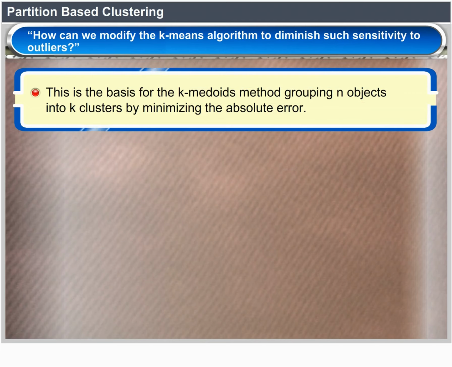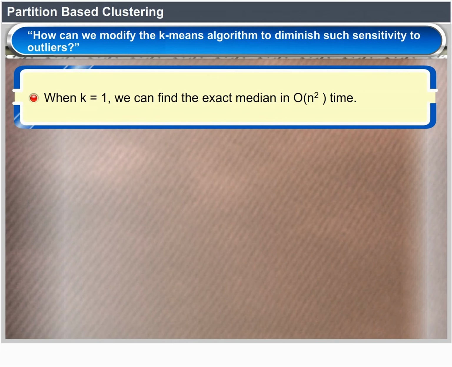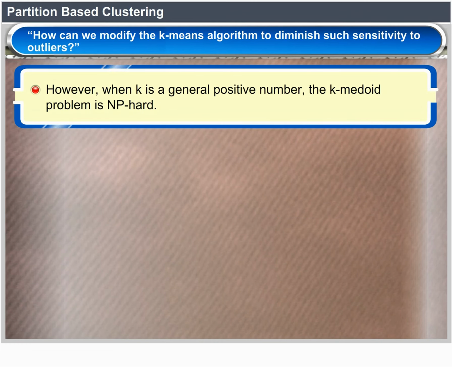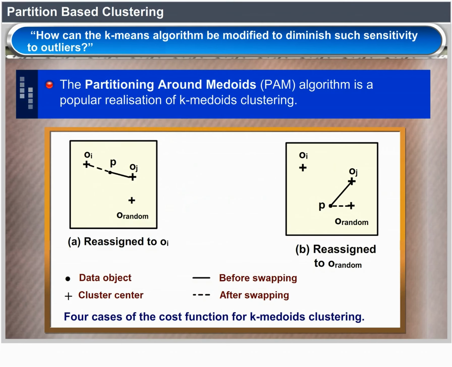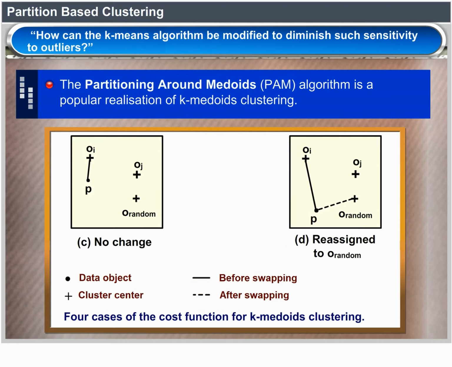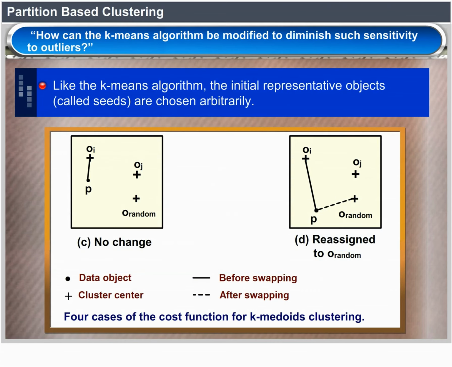When k equals 1, we can find the exact median in O(n squared) time. However, when k is a general positive number, the k-medoids problem is NP-hard. The partitioning around medoids (PAM) algorithm is a popular realization of k-medoids clustering. Like the k-means algorithm, the initial representative objects, called seeds, are chosen arbitrarily.